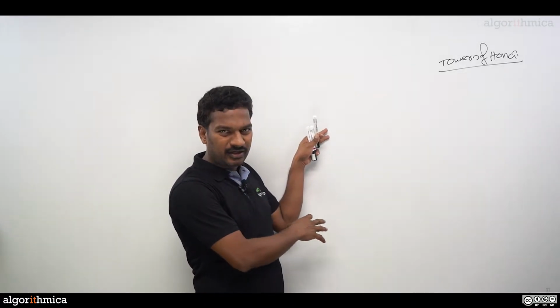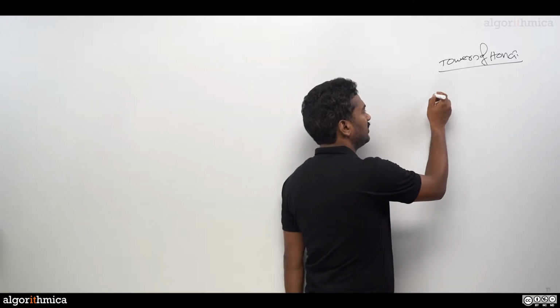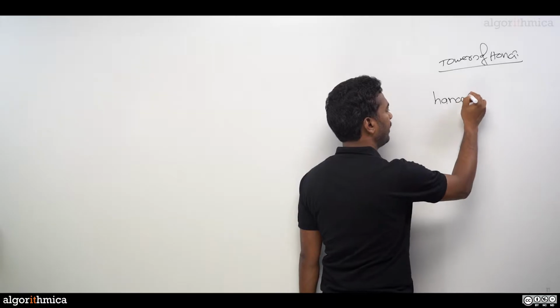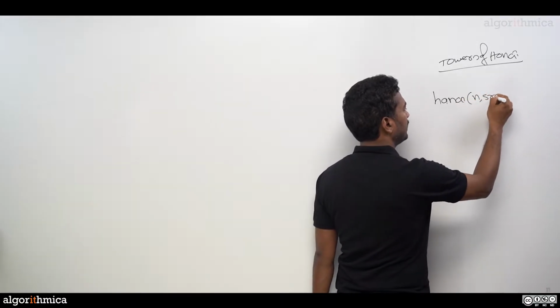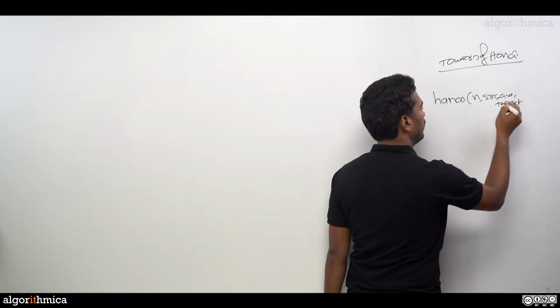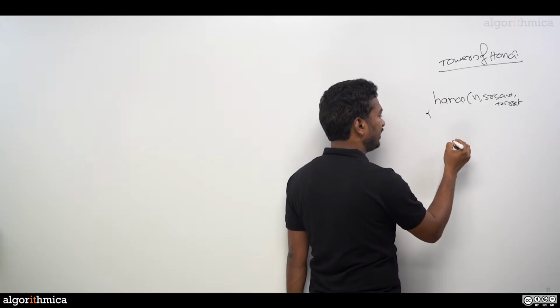To draw the recursion tree for reference, I'm rewriting the code here. This is the template of our code: Hanoi of n, source, auxiliary and target. I'm not writing the details of the syntax.